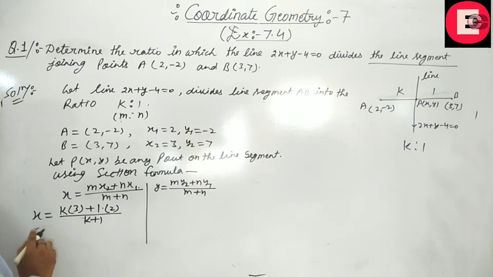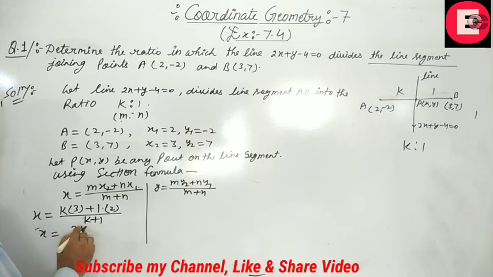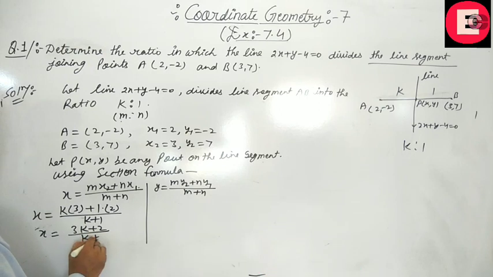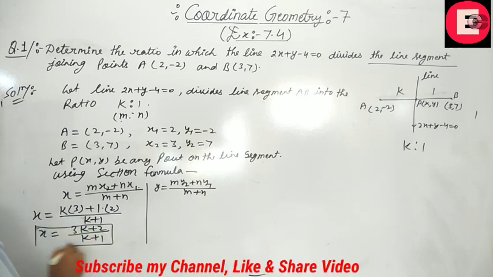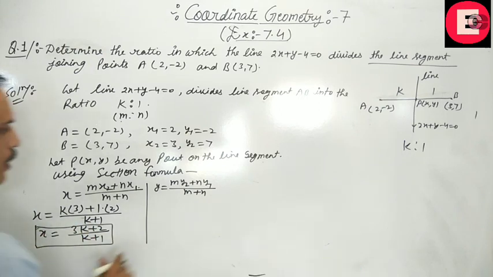So the value of x is (3k + 2) upon (k + 1). This is the value of x in terms of k.